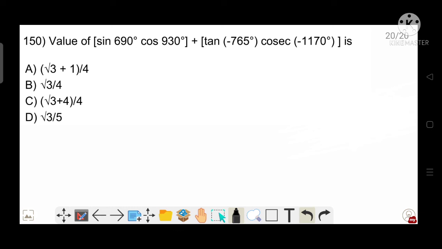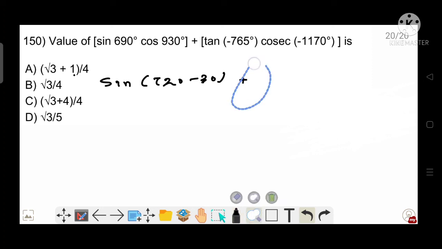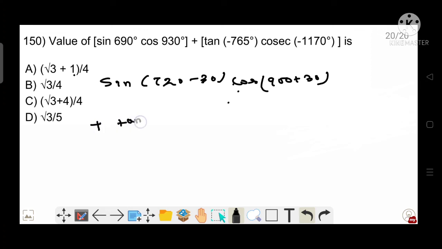Okay, I will convert it to sin 720 minus 30, cos 90 plus 30, plus tan 45 cosec 3 into 360 plus 90.